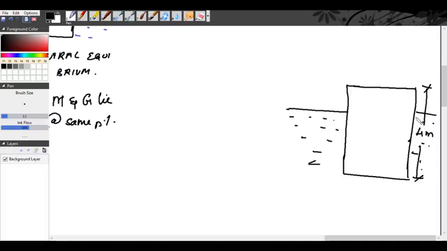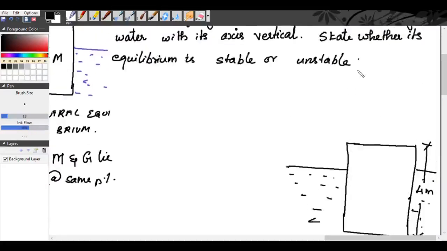This is a cylinder of diameter 4 meter. So, the cross section has a diameter of 4 meter. The diameter of the cylinder is 4 meter.